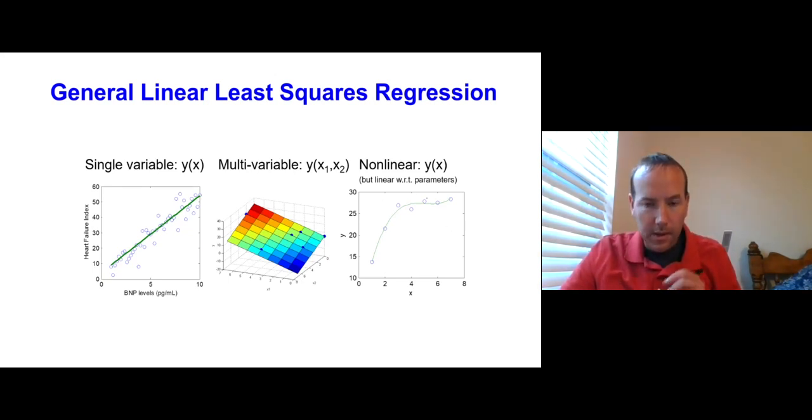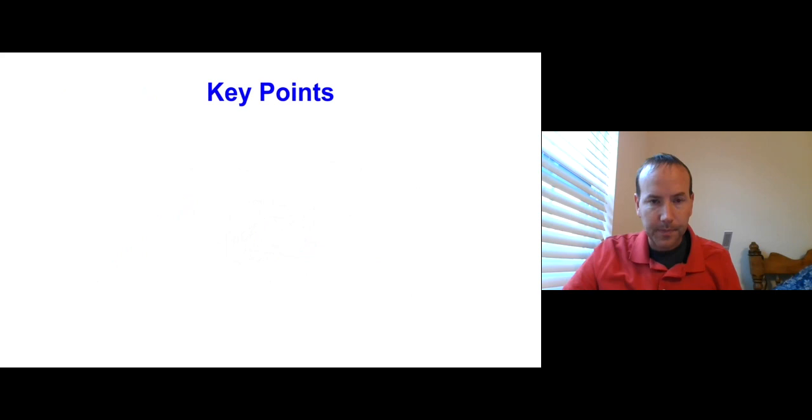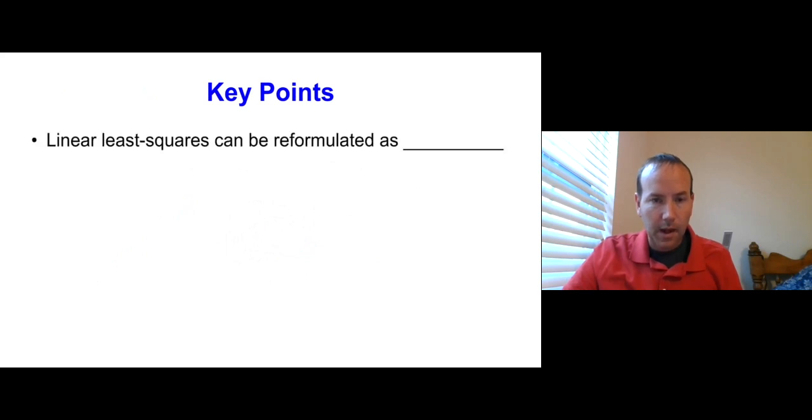And we'll delve into what we mean by that in just a minute. But basically, what we found here is that general linear least squares is a very powerful technique that allows us to do many different types of fitting problems by a few algebraic matrix calculations.